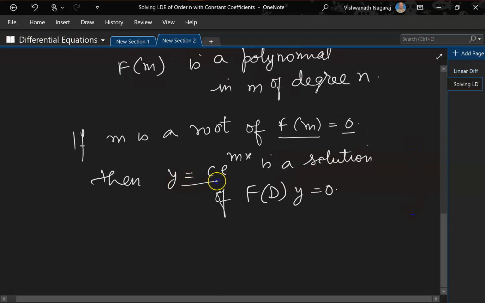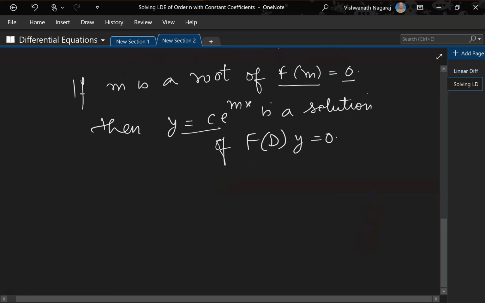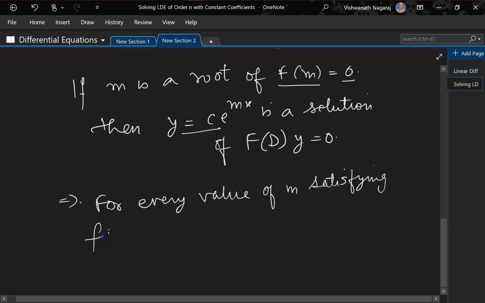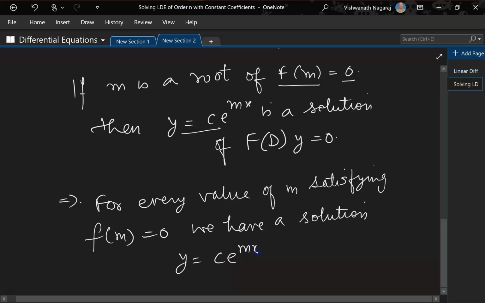Which implies for every value of m satisfying f of m equal to 0, we have a solution y is equal to c e^(mx) of f of D y equal to 0.